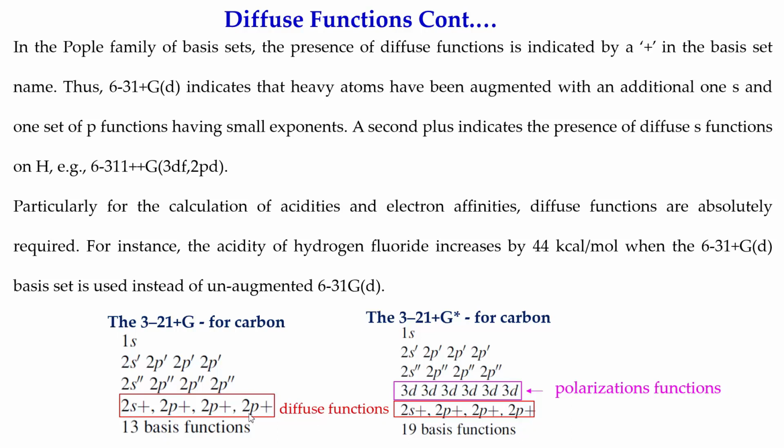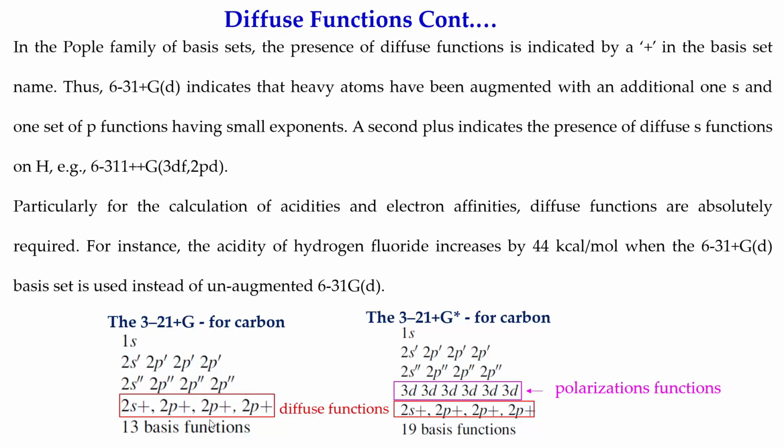So a set of s and p functions we have to add to replicate the more diffuse electron cloud. And if you add both the diffuse and polarization functions on carbon, you add the 3d series for polarization and this series for diffuse functions.